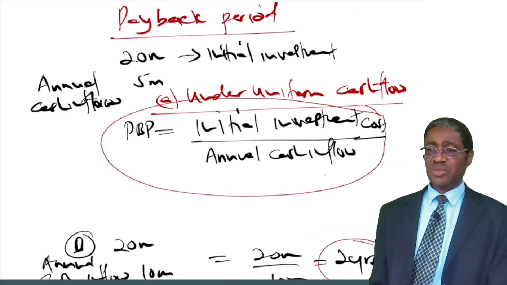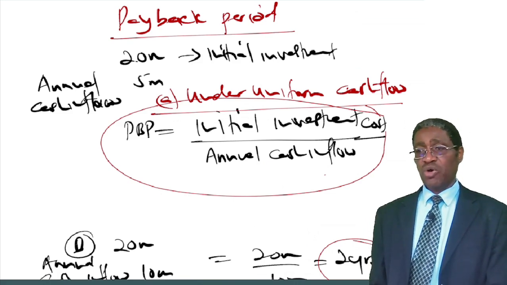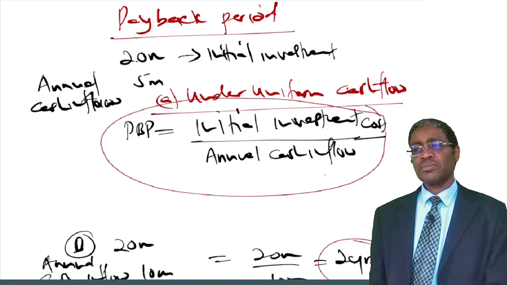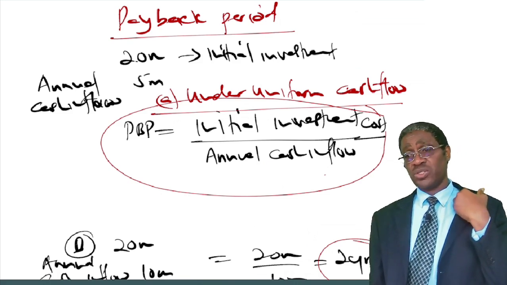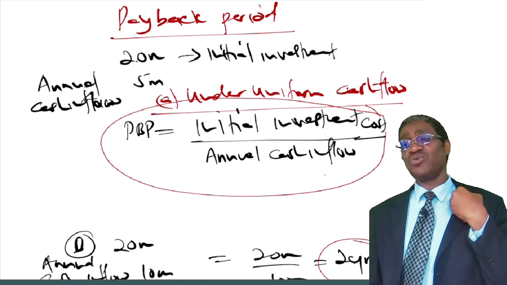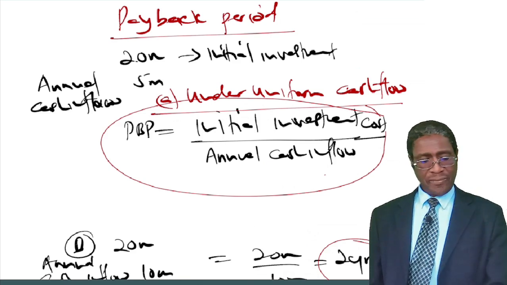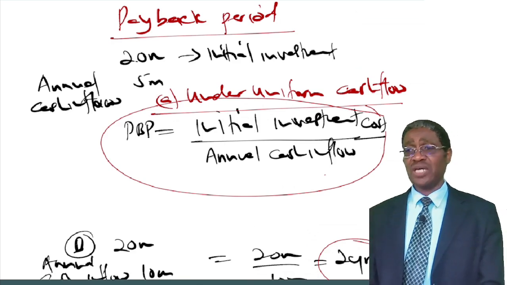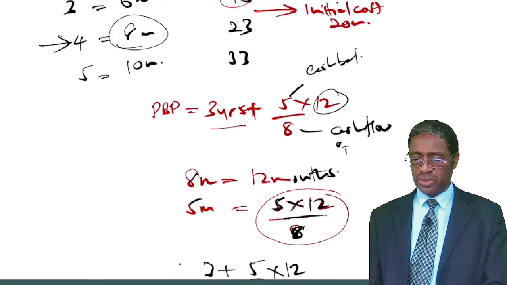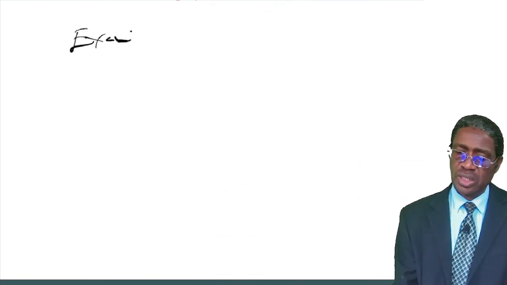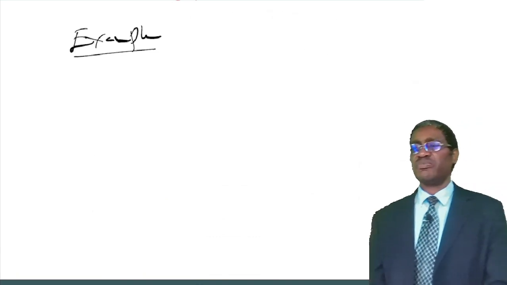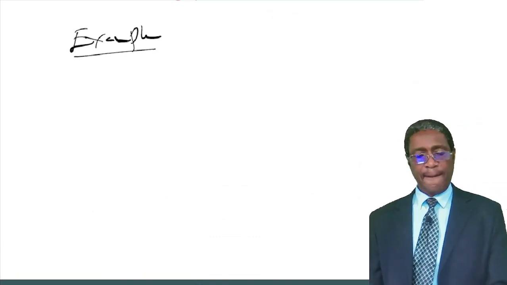Then we can have a simple example. Hope you are through with copying the formula: payback period equals initial investment cost divided by the annual cash inflow. Let me dictate the example.